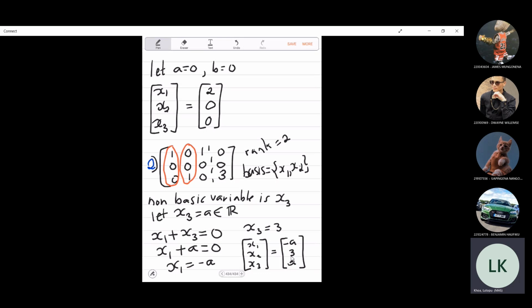Okay, now let's look at an example where we have to use Gaussian elimination, and then from there we have to work out the rank, the basis, and then our solution.